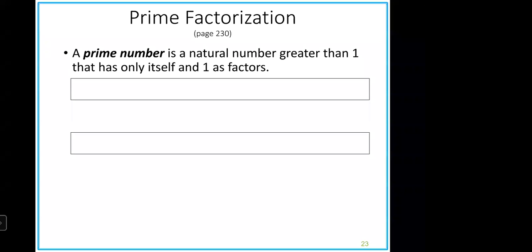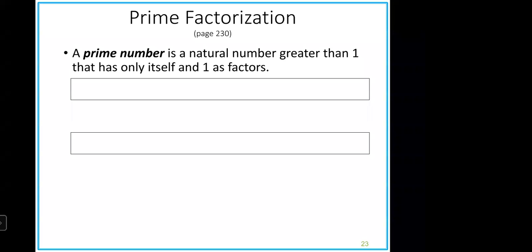What's the first prime number? 3. Okay, why didn't you say 2? I remember 2. You don't remember 2?